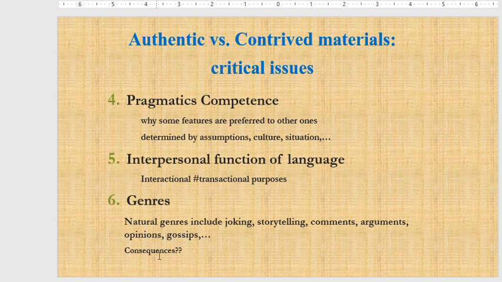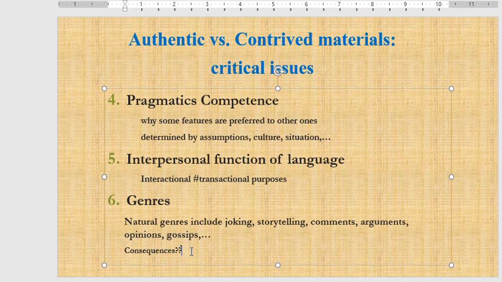What are the consequences? The consequence is that you misguidedly learn that when you're joking, you should use the same language that you have used for argument. Then, when you are storytelling, you should use the structures or the moves and steps that you have used for argument. So your joking, storytelling and comments are similar to arguments.